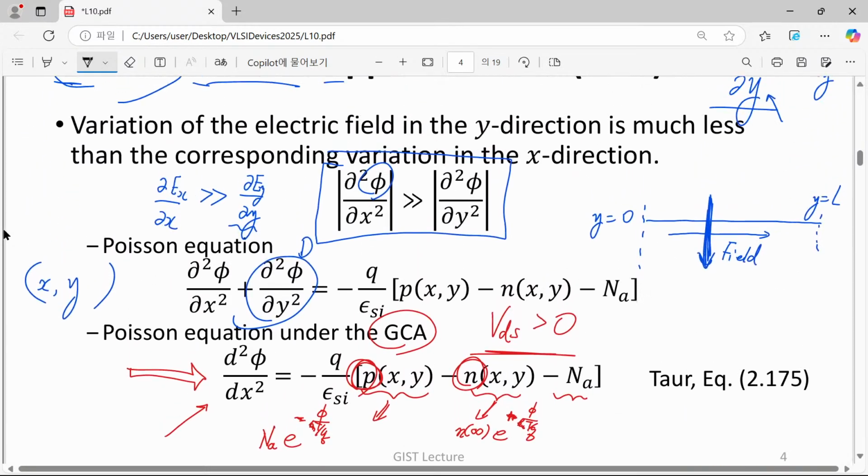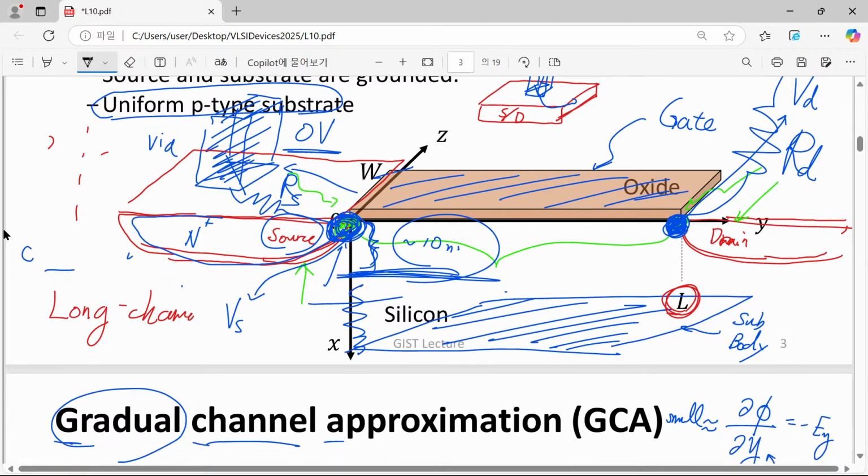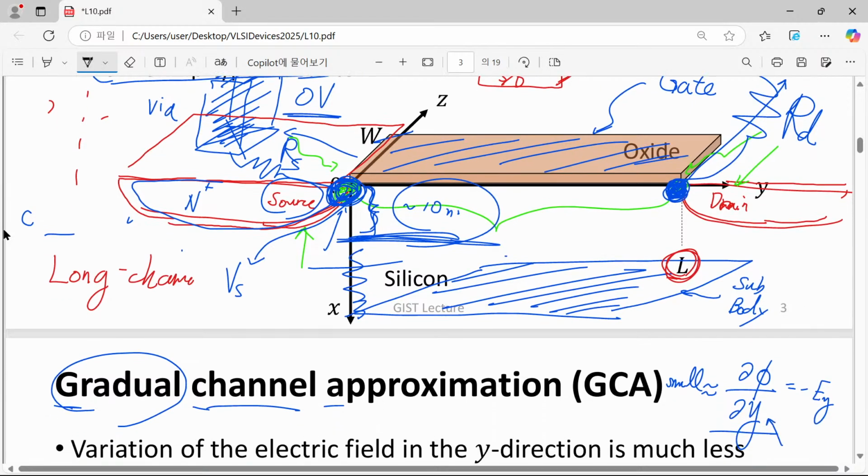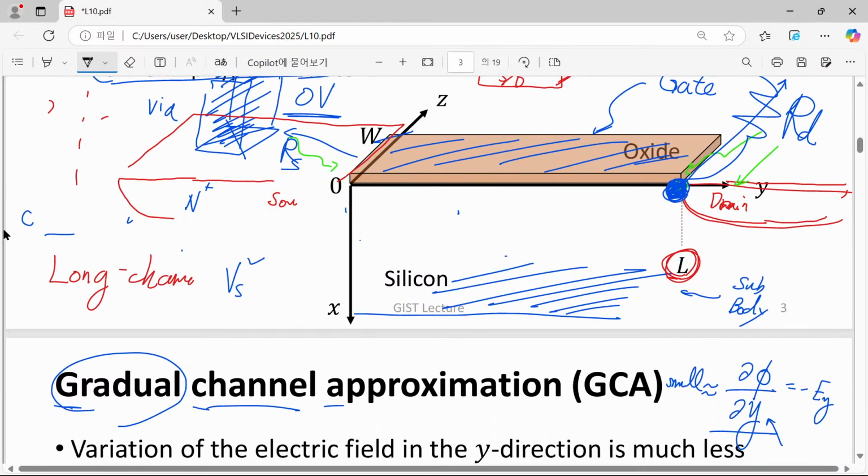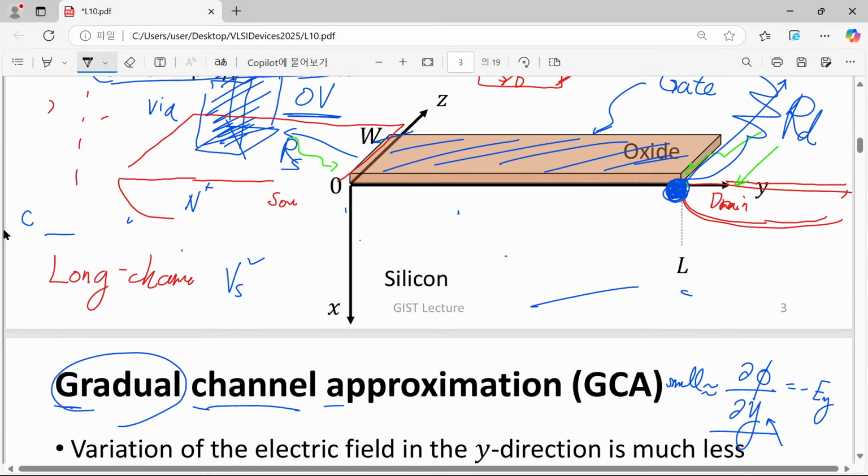Now let's come back to our current situation. If I draw this system once again, this is really interesting. Now you can find that there no longer exists only one single effective contact. Here we have a substrate contact.